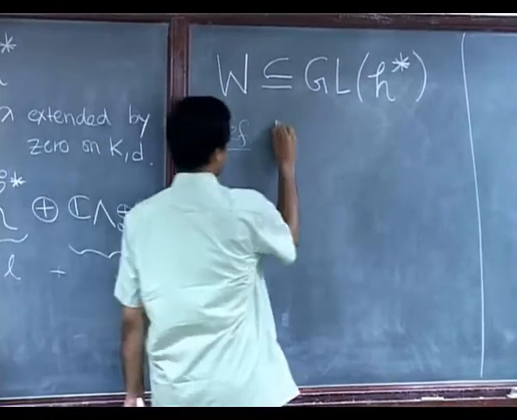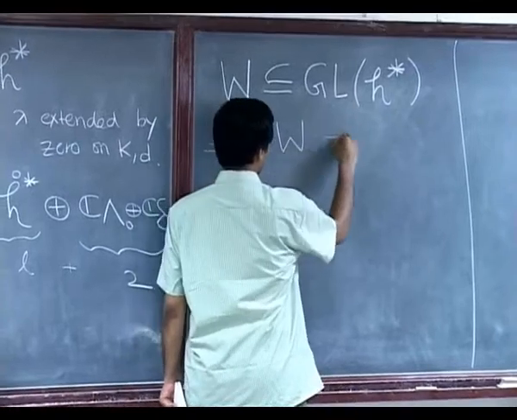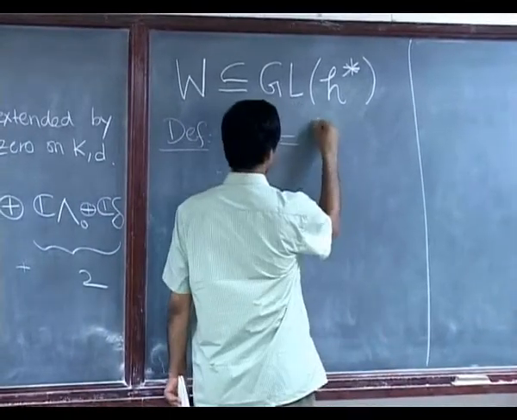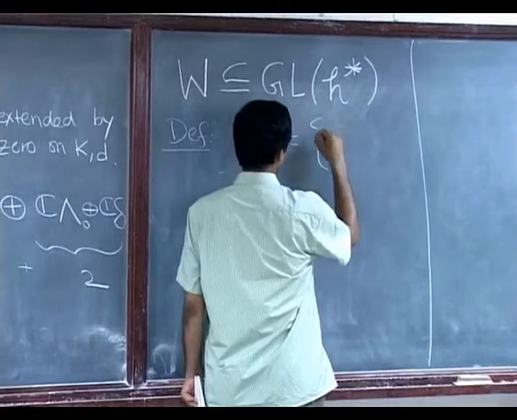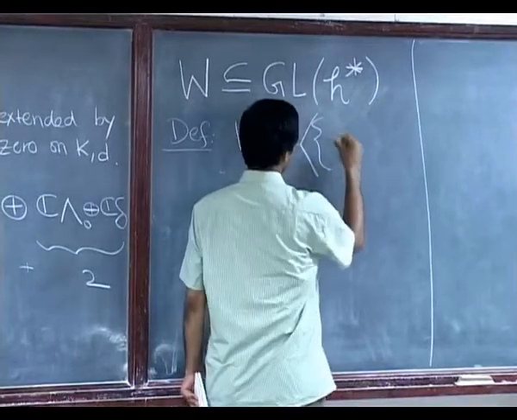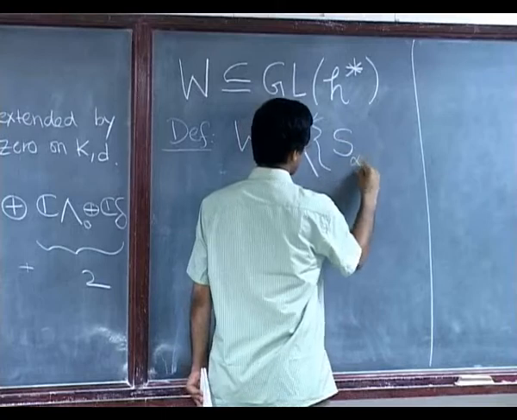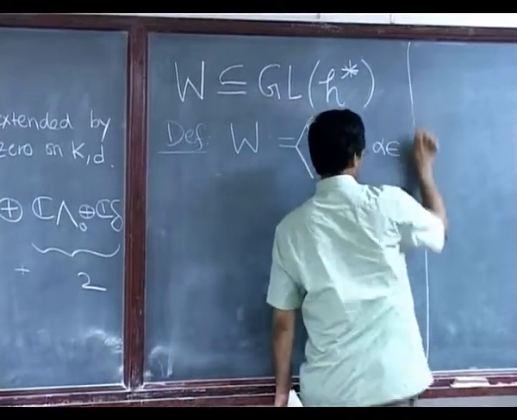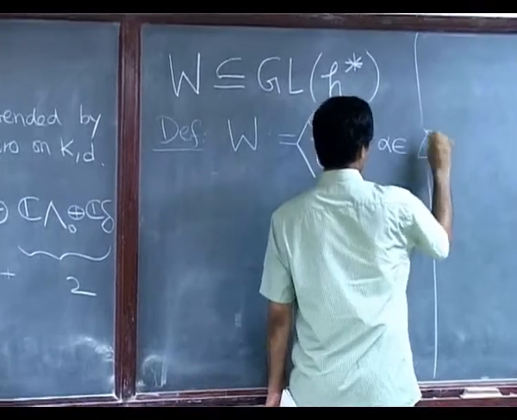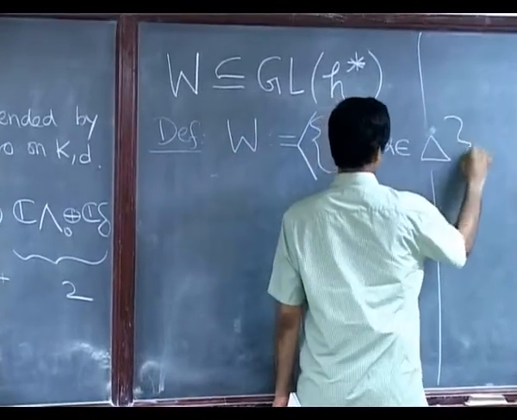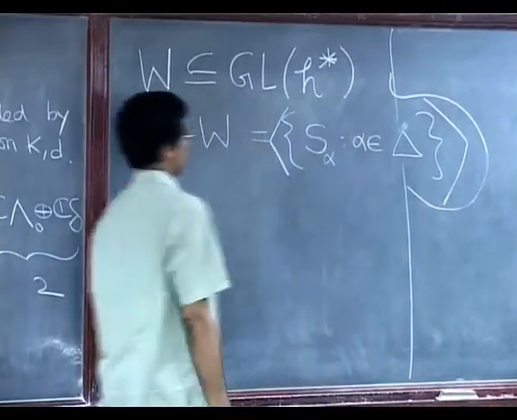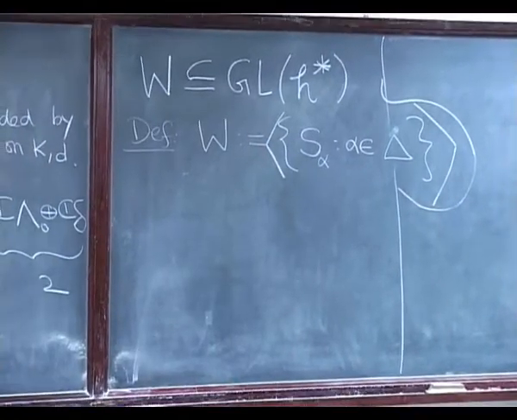You could think of it as follows. You either say it's a subgroup of GL H star generated by S alpha, where alpha, well, to sort of copy the finite dimensional setup, you would have to say over all roots, right.